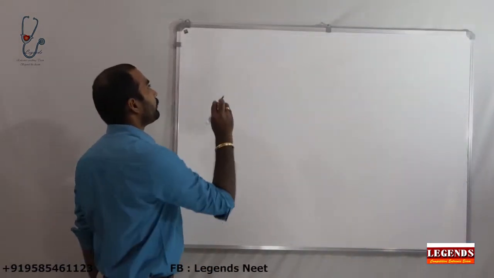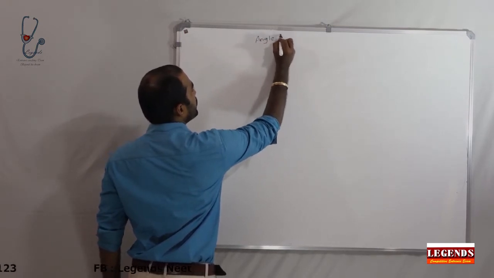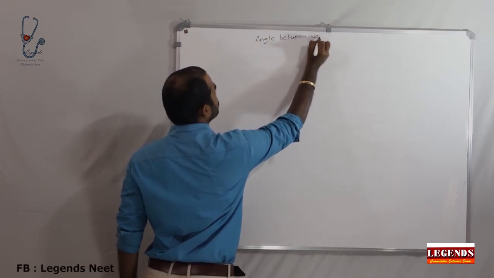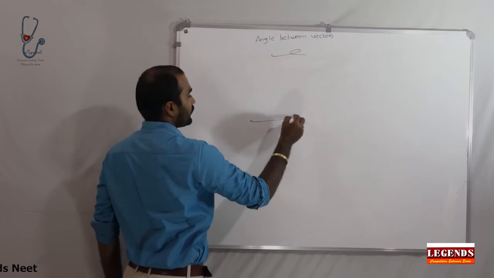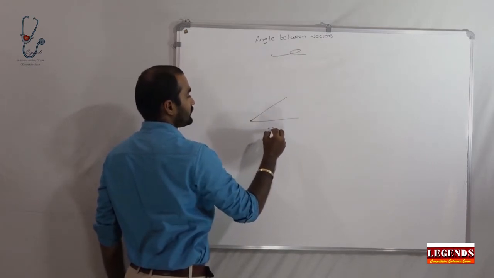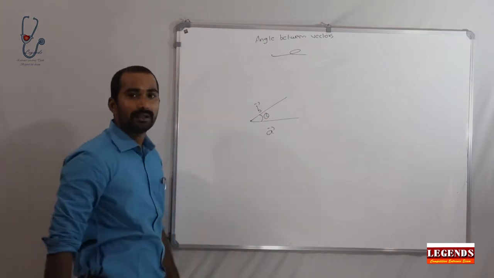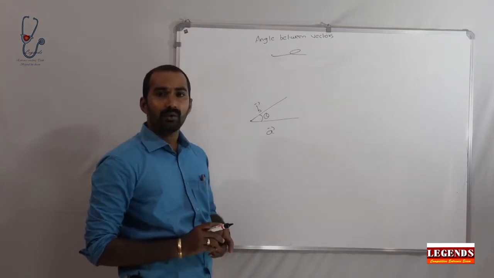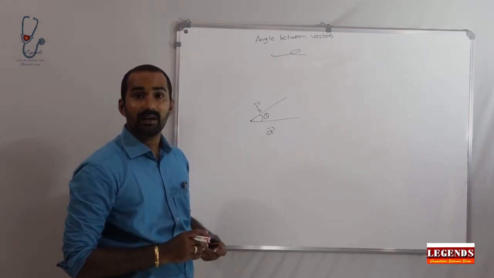Okay, next topic: angle between vectors. I am taking two vectors. First one is A vector and the second one is B vector, and the angle between them is theta. We can find the angle between two vectors in two different ways: one using the value of sine and another using the value of cos.